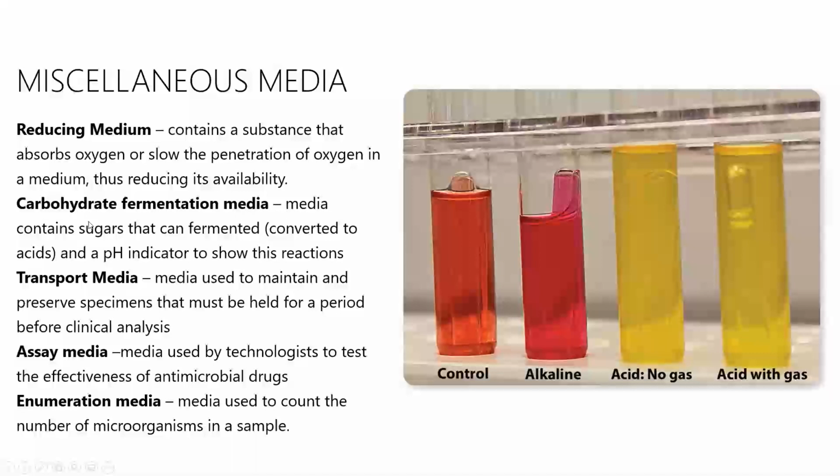It could be maltose or sucrose or glucose. And if your bacteria can use that sugar and they can ferment it, it leaves a byproduct that changes the pH, which we can't see pH change, but we can if there's a color change indicator shown over here. And you can go, okay, well, if they're fermenting it, then maybe the starting red will turn yellow, or if they're not fermenting it, oh, it's still going to be red.